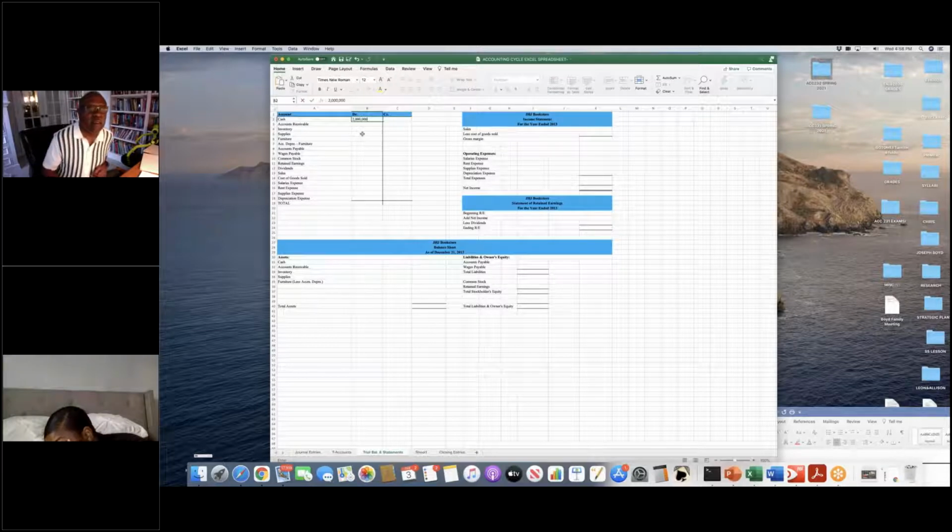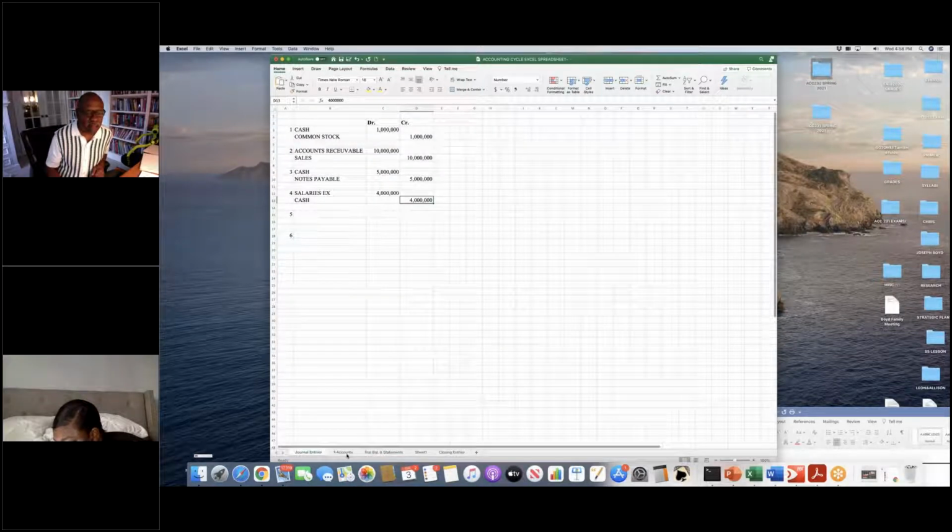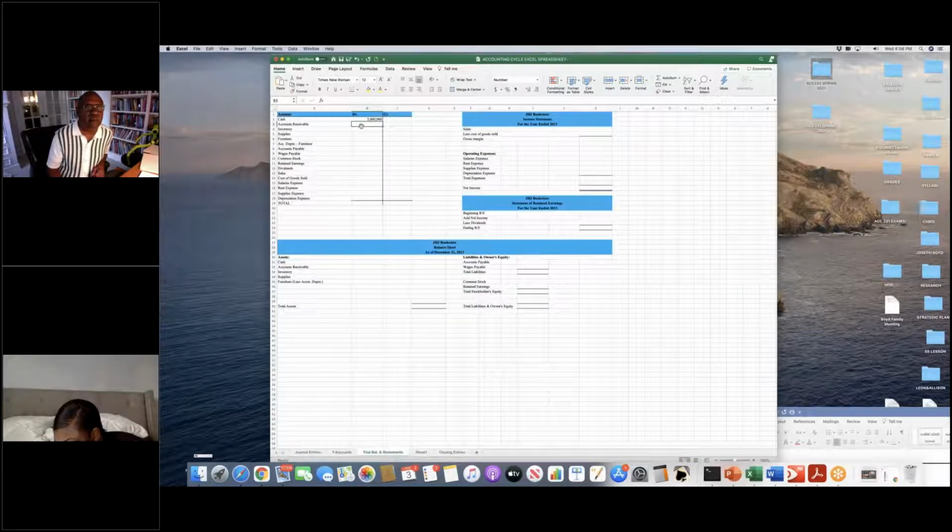Then the accounts receivable is how much? Based on our journal entries, 10 million, correct? Yes. Then we have accounts payable. I'll just put the note payable of $5 million. The common stock was $1 million.